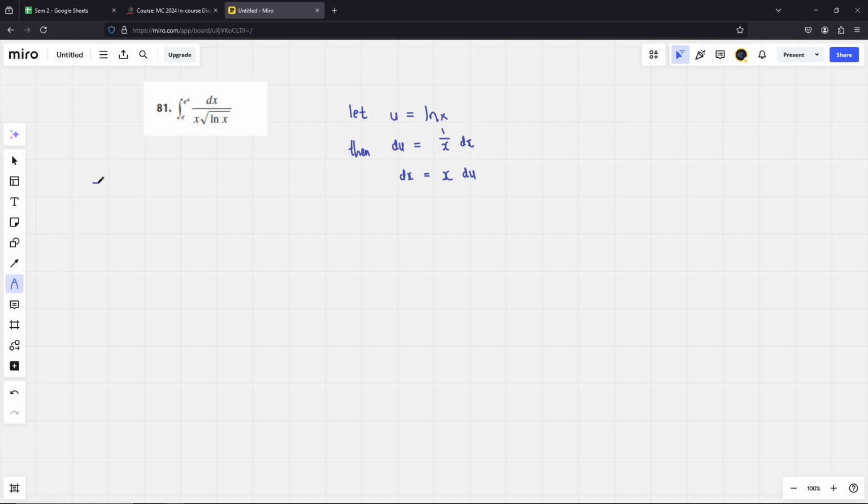So now let's make our substitution. This is going to be from x equals e to x equals e to the 4. Now you don't always have to write the x equals, this just makes it a bit easier to see, so that we don't forget that these boundaries are in terms of x.